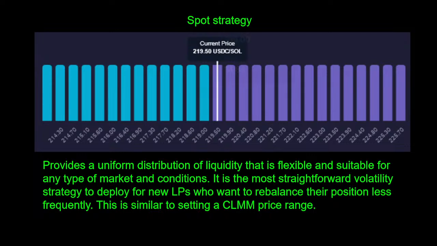So if you were to deposit only using the spot strategy in a Meteora DLMM pool, or for example, let's say a Raydium CLMM pool, you are basically doing the exact same thing. Even though it's a DLMM pool and that's a CLMM pool, they will do the exact same thing.